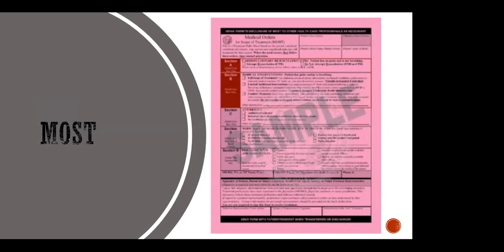Same with this: the hospital has similar mechanisms for notating this in the chart, but once they hit the back of our truck and leave out those hospital doors, those hospital orders do not apply to us, and we still need this MOST form.